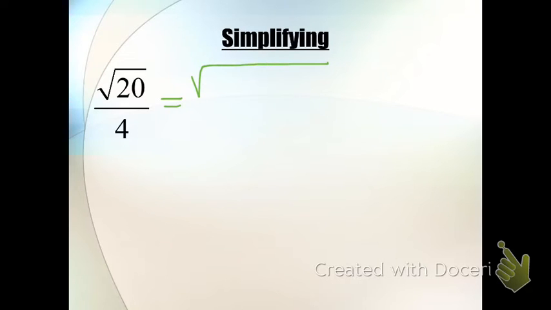So let's try another example here. We're going to simplify the square root of 20/4. And what we'll do here is we'll change this into the prime factorization of 20, which is 2 times 10, and 10 is 2 times 5.